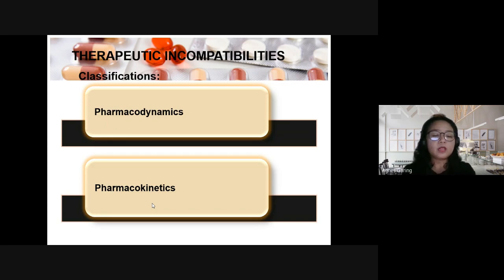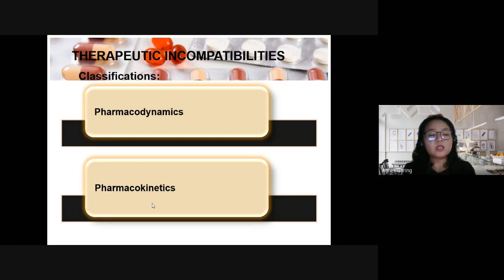And then pharmacokinetics class, therapeutic incompatibilities. It has something to do with the absorption, di ba nga, kinetics, absorption, distribution, metabolism, and excretion of the drug. Okay? Like for example, drug A is taken with drug B. Drug B affects the absorption of drug A. So, if drug B is taken with drug A, naapektuhan yung absorption ni drug A, so what do we expect?